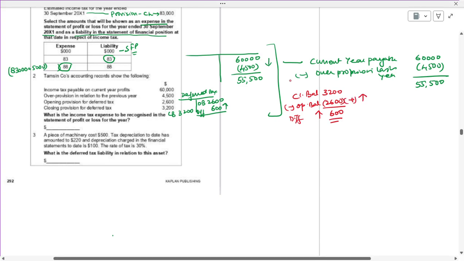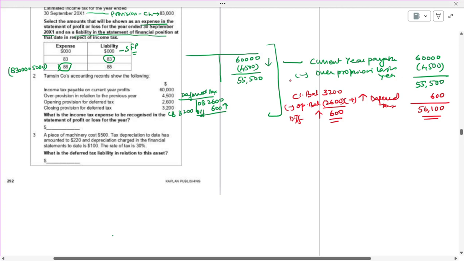I am adding the increase in deferred tax, 600. The total comes to 56,100. Is it clear to you?